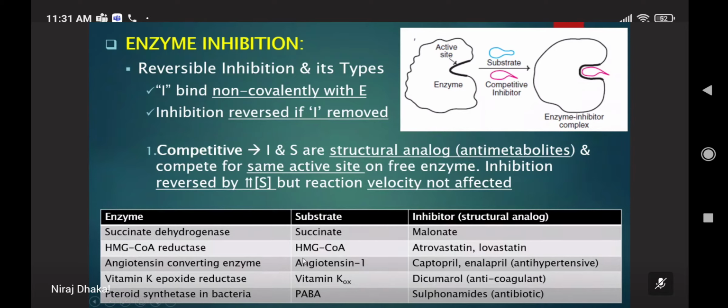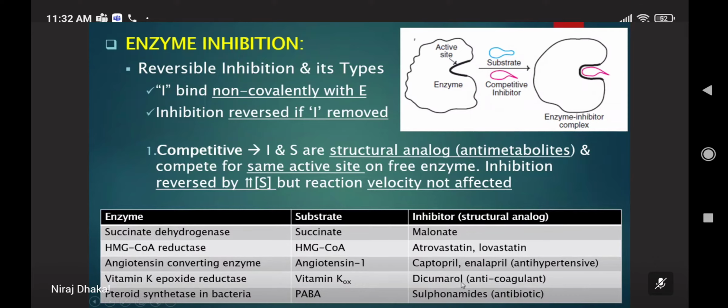Another is vitamin K epoxide reductase. This enzyme is required to generate the active form of vitamin K. So oxidized vitamin K is the usual substrate. But there is one drug, dicumarol, which is a therapeutic drug, an anticoagulant. In the presence of dicumarol, it binds with the vitamin K epoxide reductase and prevents binding of vitamin K with the enzyme, so that the active form of vitamin K is not regenerated.